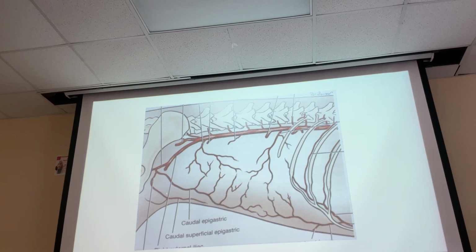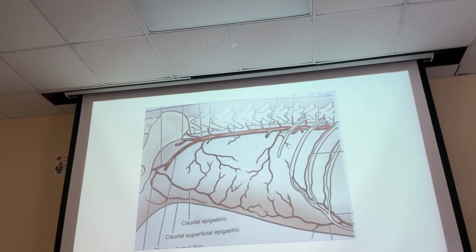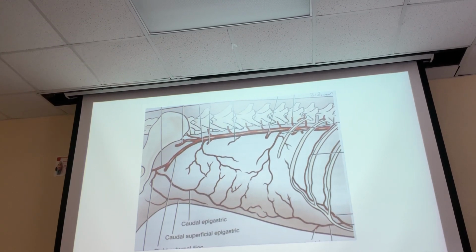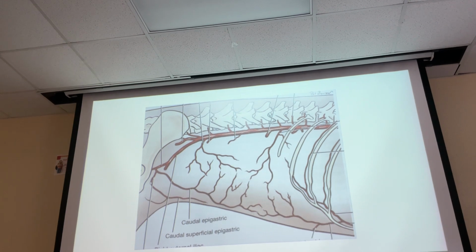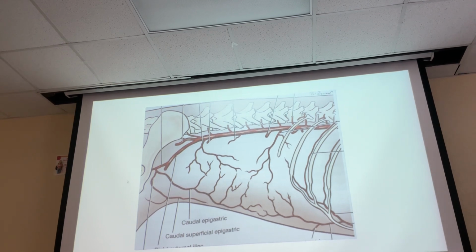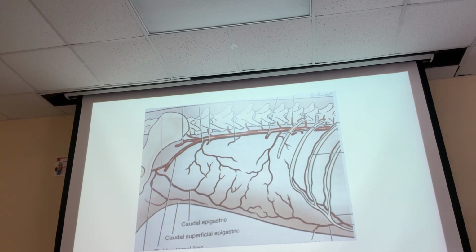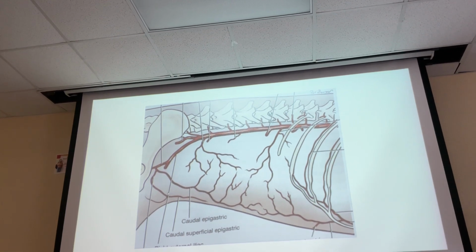The largest one is the caudal superficial epigastric. It looks like a cranial continuation of the external pudendal. Okay, because the external pudendal is going to give another branch, that goes to the scrotum and to the vulva in the female. Okay, but let us focus on this one. This is the caudal superficial epigastric.